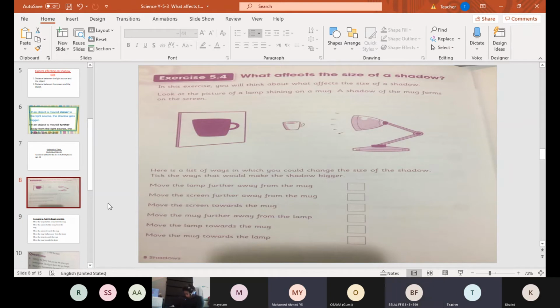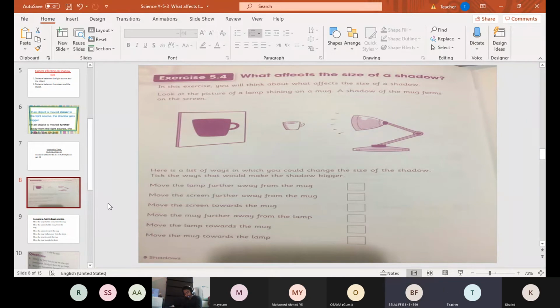Move the lamp further away from the mug. Now they change the distance, they move the lamp, right? The cup is in the same fixed position, they move the lamp further away from the mug. So what happened to the shadow of the mug?